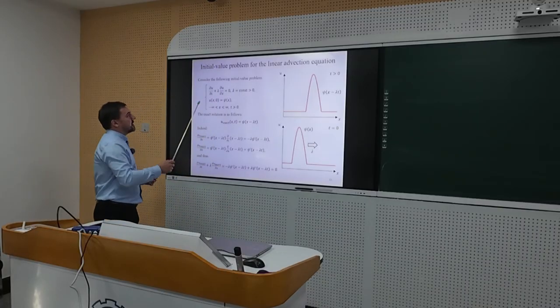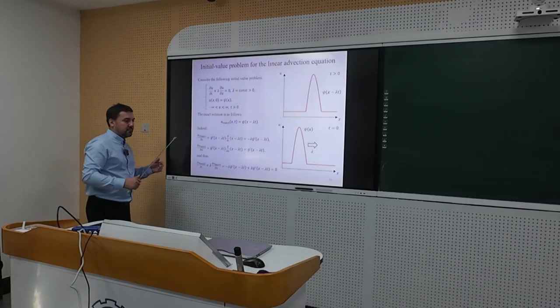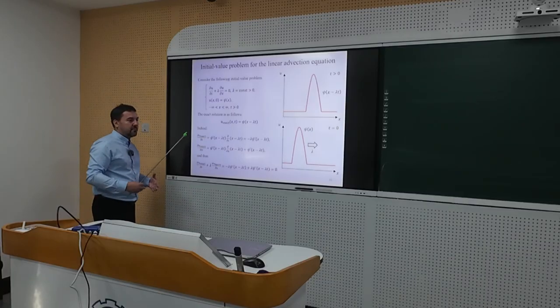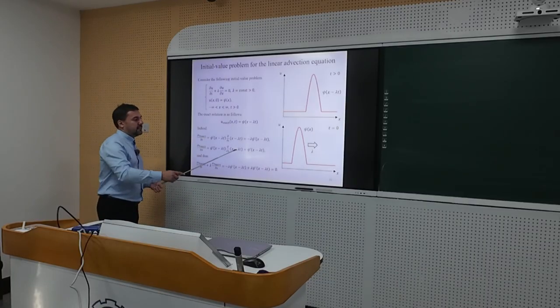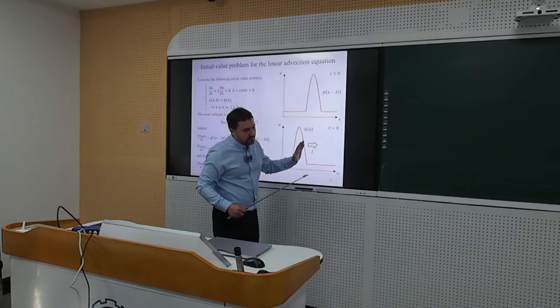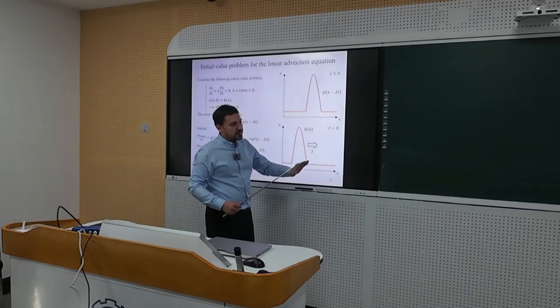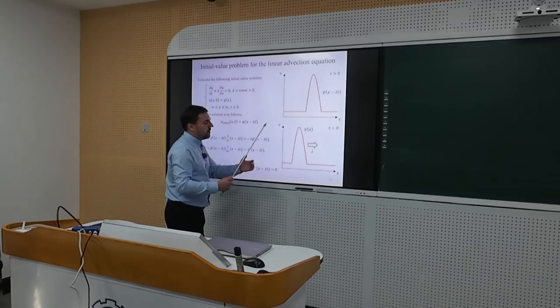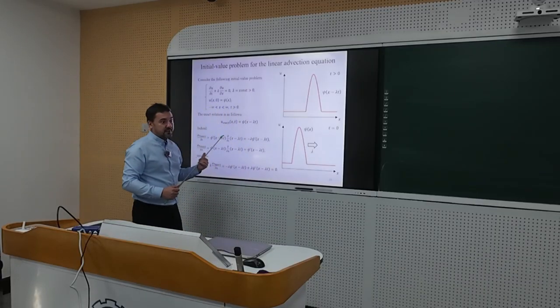Why is this equation called linear advection equation? Because the exact solution of this problem is this initial profile which propagates with constant velocity or speed lambda in the positive direction if lambda is greater than 0, or in the negative direction if lambda is less than 0.